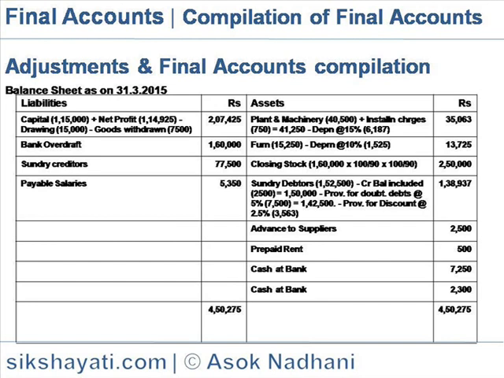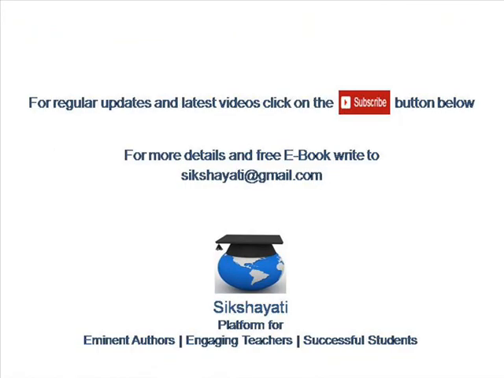So the net sundry debtors is 1,38,937. Advance to supplier is 2,500, prepaid rent is 500, cash at bank is 7,250, and cash in hand is 2,300. So the total of assets and liabilities comes to 4,50,275.